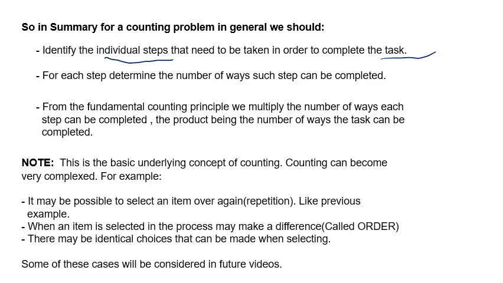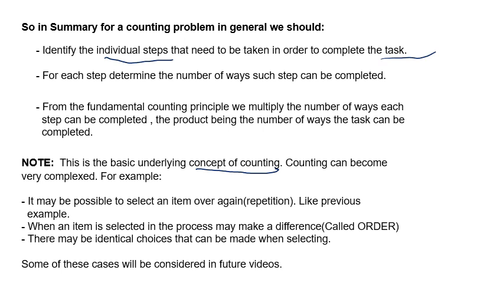Now, I would like to note, this is the basic underlying concept of counting, the fundamental counting principle. Counting can become very complex. For example, it may be possible to select an item over again, repetition, just like in the previous problem. You have to keep that in mind. Sometimes your numbers go down as you pick them, if you're picking from the same list.